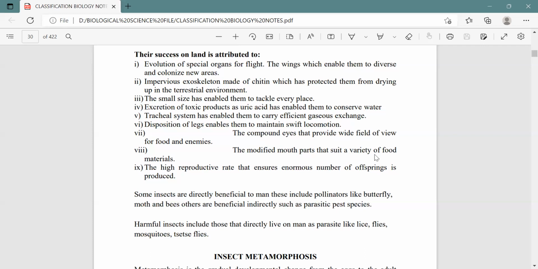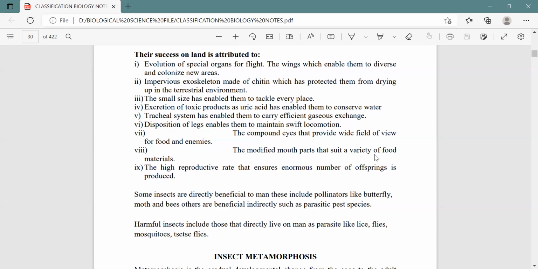Another reason for the success of insects on Earth, to occupy a diversity of environments, is the small size, which enables them to fit in a place. Another adaptation of insects is their ability to conserve water by excreting uric acid. Uric acid is made of solid crystals which are excreted in insects, and they are non-toxic.